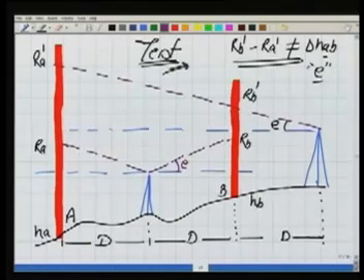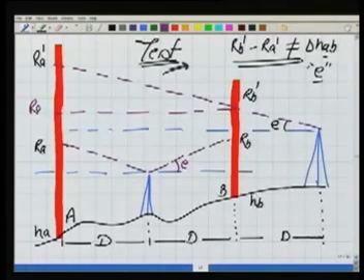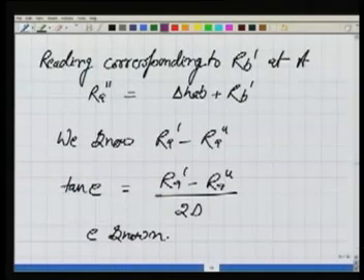if we look carefully here, had there been no error, corresponding to this RB dash, the corresponding reading here, RA double dash, we can determine simply by the reading at A corresponding to RB dash, which we are writing as RA double dash.